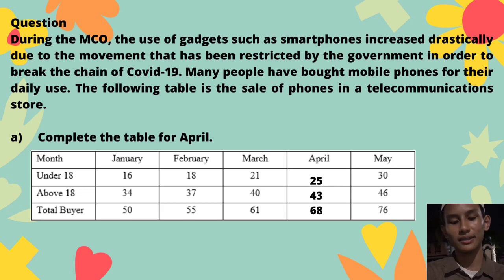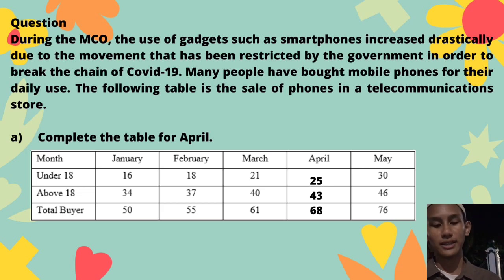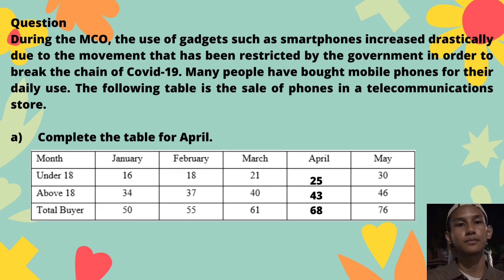So when you fill in the blank and solve all the equations, you will get 25 for under 18, 43 for above 18, and the total buyers for the month of April is 68 units.